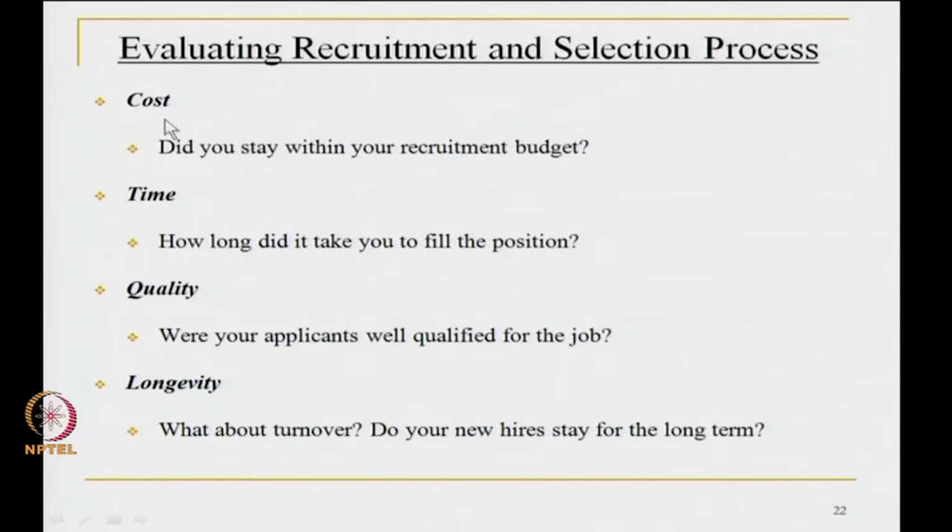There is the cost, and all selection and recruitment processes have a budget. So, the question is asked, did you stay within your recruitment budget? All of them have a time dimension.